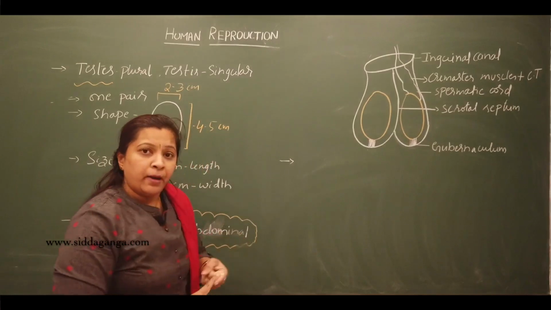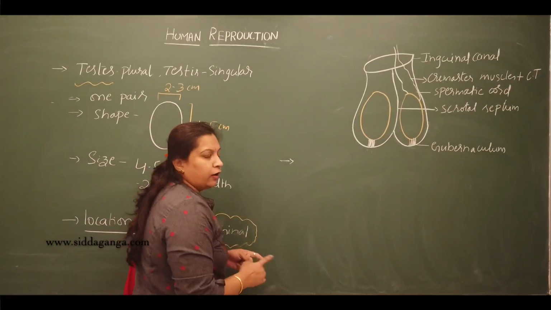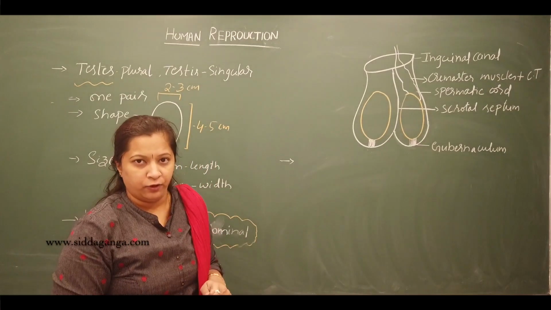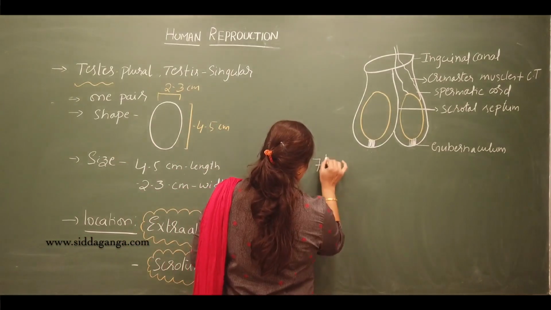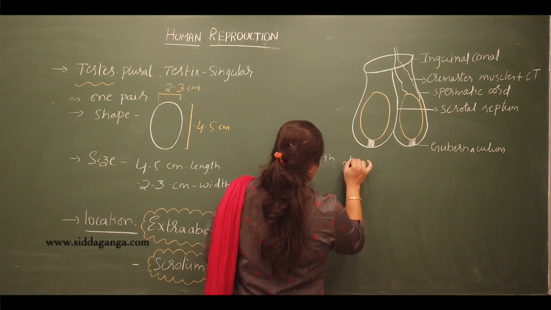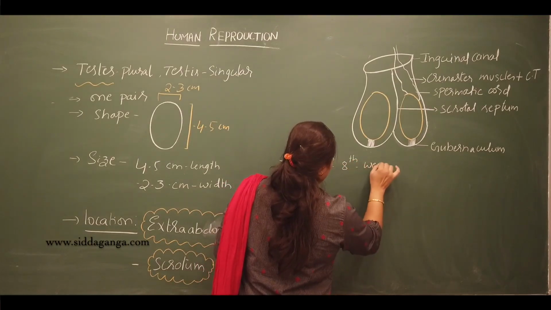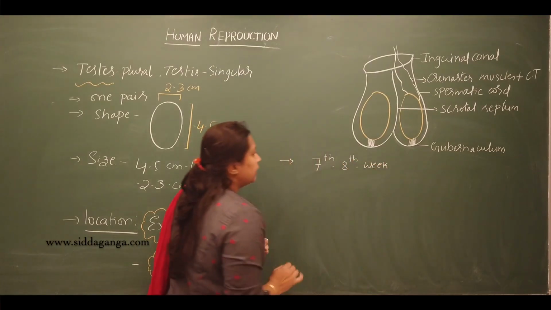The development of the testes occurs during early fetal life only. When the growing embryo is around the 7th to 8th week, the testicles will develop.